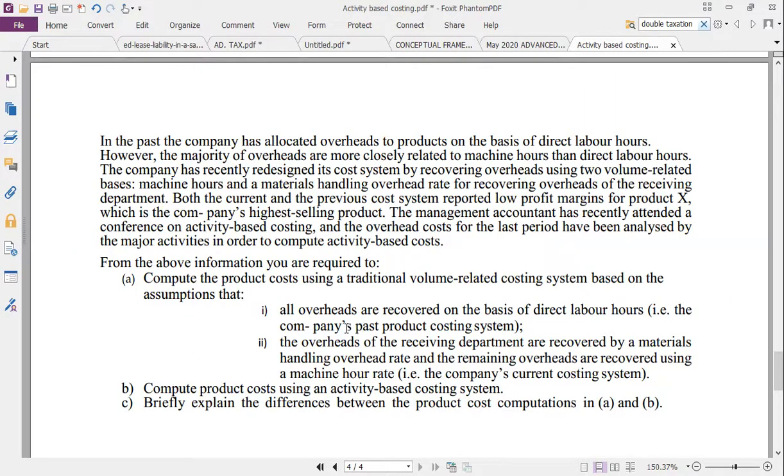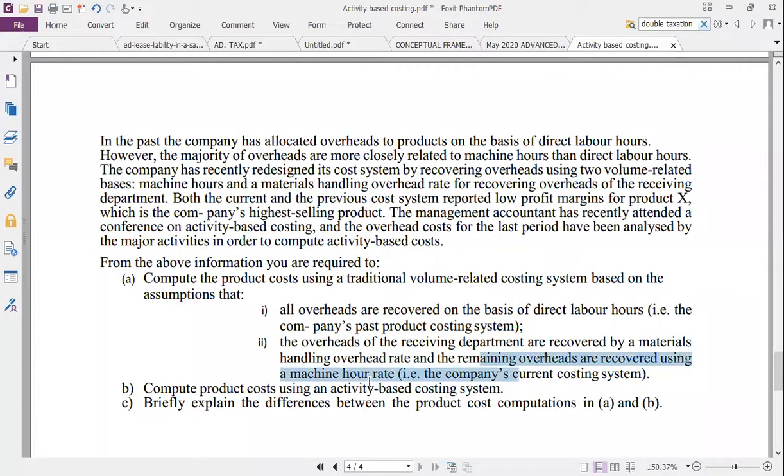The second requirement says that the overheads of the receiving department are recovered by a materials handling overhead rate. Material handling overhead rate simply means using material cost as a basis. And the remaining overheads are recovered using what?